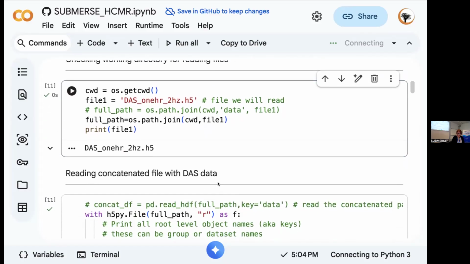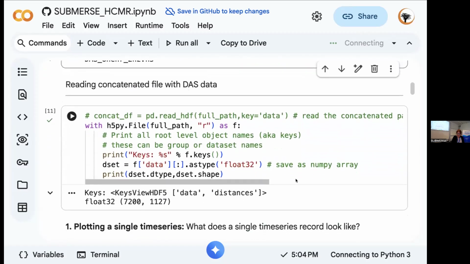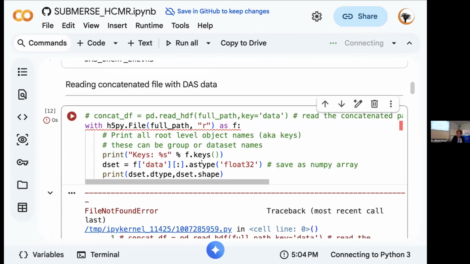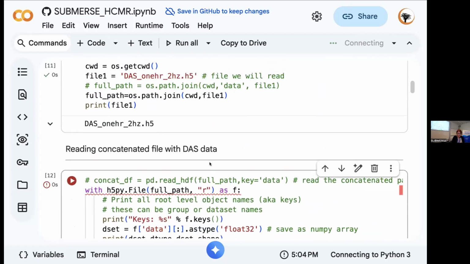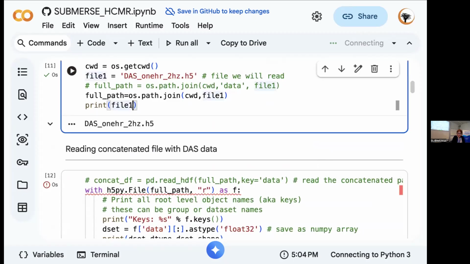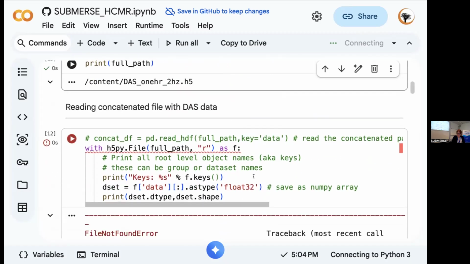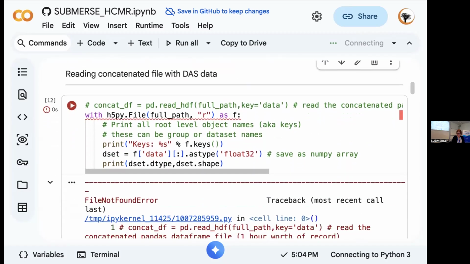Yeah. Okay, let's see. Did I run this? This looks like full path. I think I have the right one. Why is this not running now?